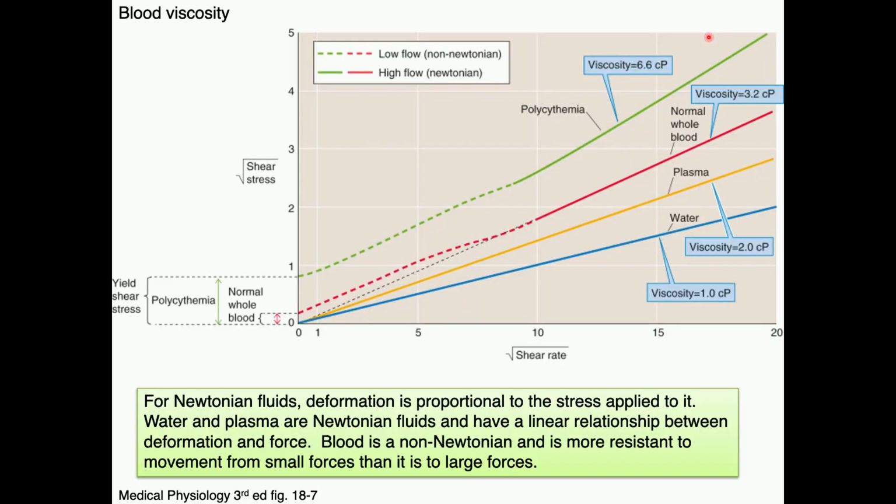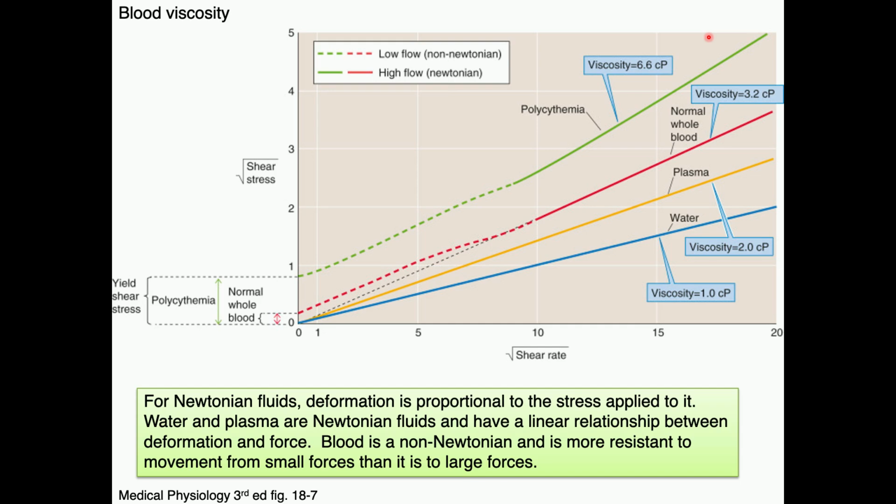So this is a diagram showing blood versus Newtonian fluids like water. This is measuring essentially the force that you put on a fluid versus how much it deflects. A mechanical engineer would probably be able to give you a better explanation, but I think it's sufficient. So water and the non-cellular portion of blood, the plasma, behave in Newtonian fashion, where there's a perfectly linear relationship between how much the liquid moves and the stress that you put on it.